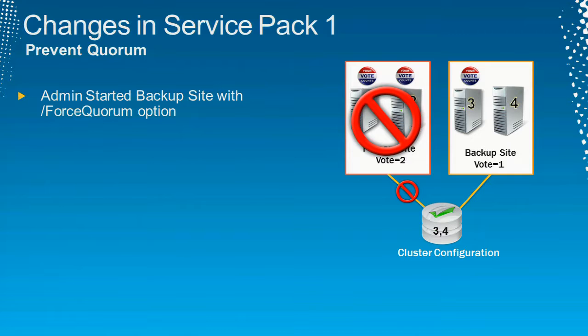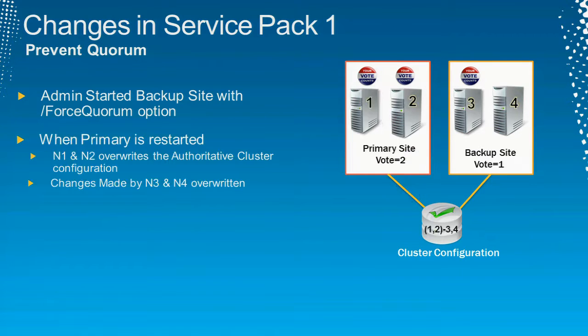Another thing: let's assume you started a cluster with forced quorum. You have a 4-node cluster and you started the cluster with nodes 3 and 4. Now the challenge is when the primary site comes back and tries to establish a quorum. Part of establishing a quorum, it will put its own configuration as authoritative, because the cluster is running in a special mode. When nodes 1 and 2 come and join the cluster, they will override the authoritative cluster configuration, so the changes made by node 3 and node 4 will be lost.